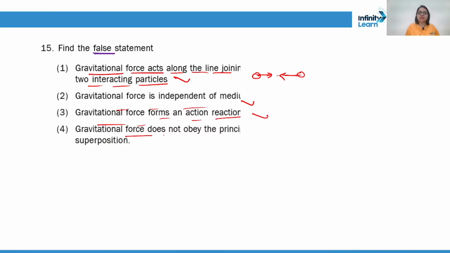True. Gravitational force does not obey the principle of superposition. Gravitational force does obey the principle of superposition for a system of more than two particles. The net force acting on a single particle due to the presence of all the other particles is the vector summation of all the individual forces, right? So that is your principle of superposition. So the wrong statement is option 4.